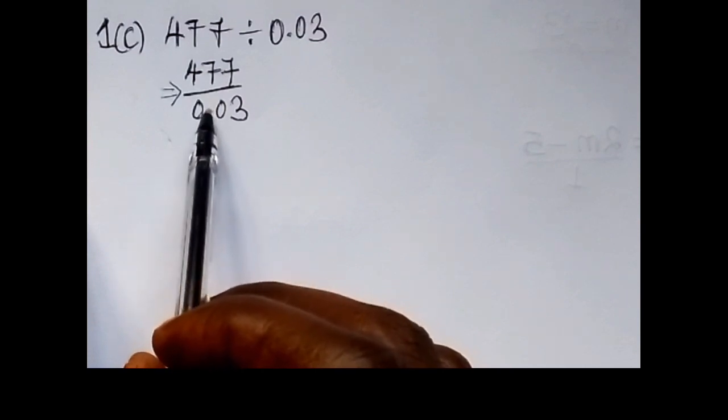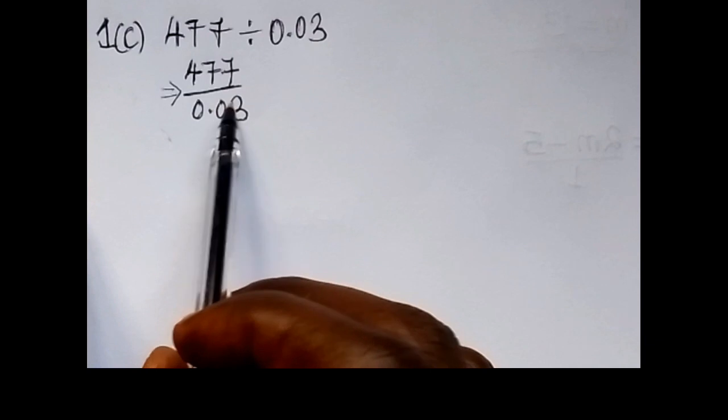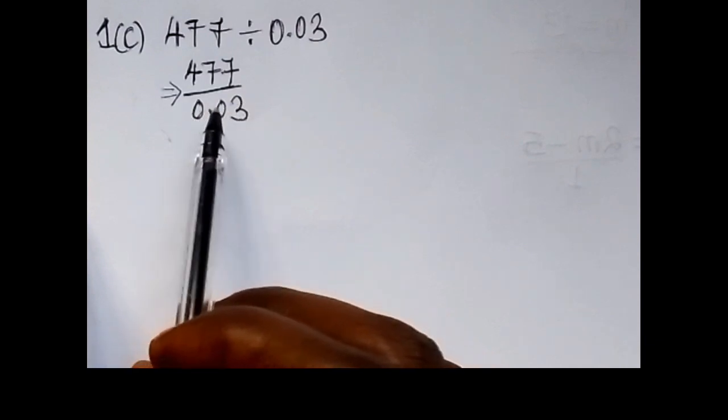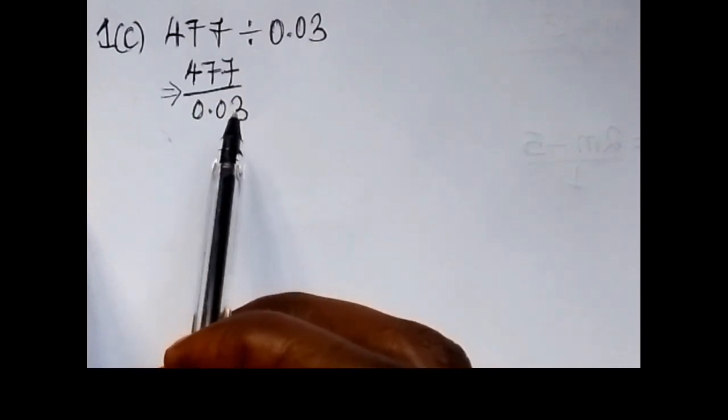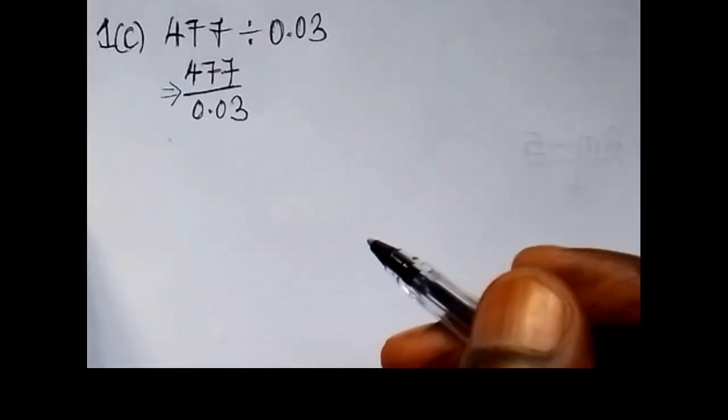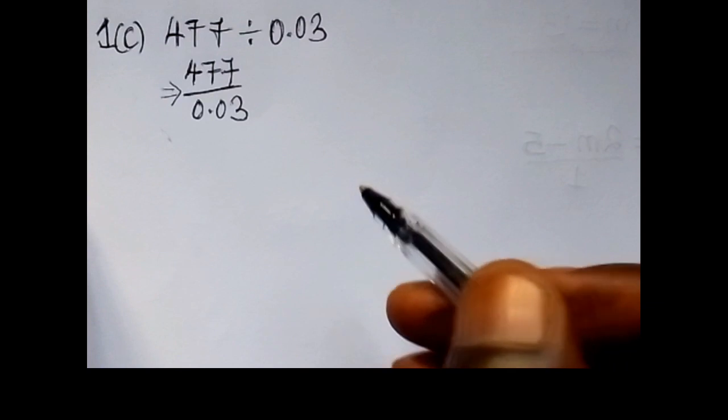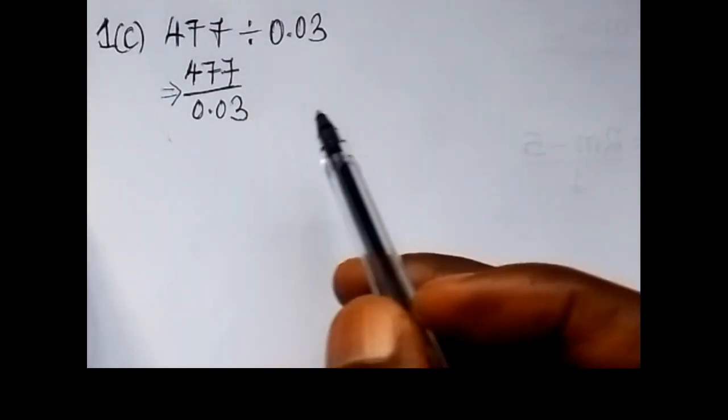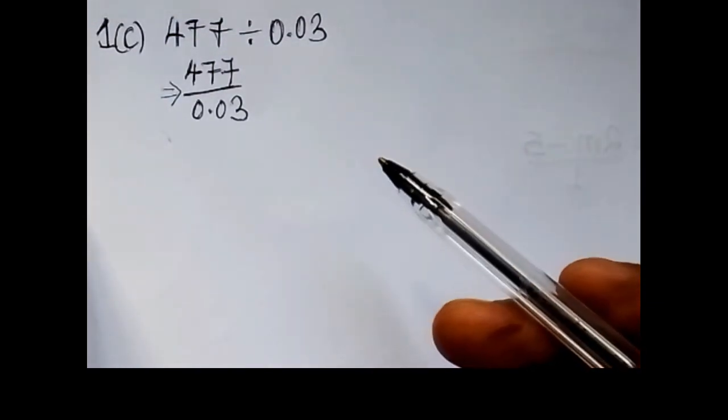So if we multiply this number 0.03 times 100, this is going to make this number a whole number, and then our division is going to be made easy. So we're not just introducing the 100 on 0.03, because if we do that, it means we've changed the question.